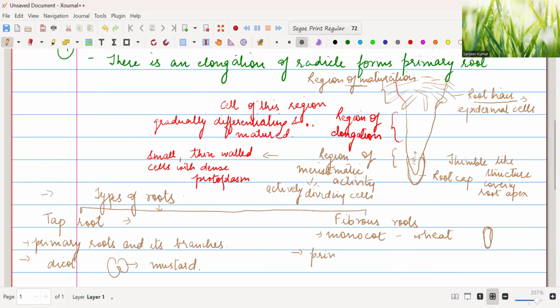The primary roots are short-lived and replaced by a large number of roots from the base of the stem itself.